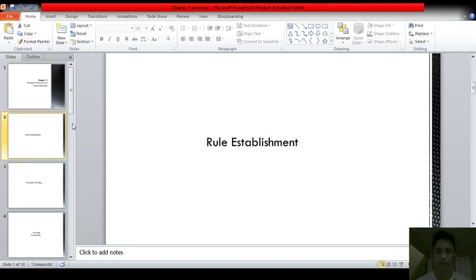So first is the rules establishment. These rules or protocols must be followed in order for the message to be successfully delivered and understood. Protocols must account for the following requirements.